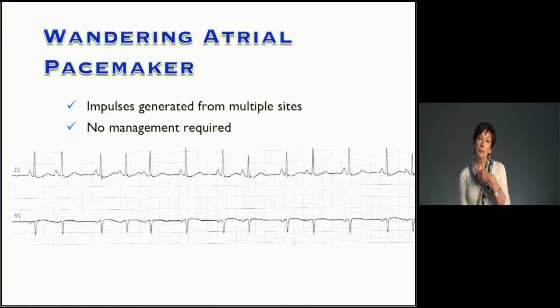And by looking at the P waves on the slide, I would say it would have to be multifocal atrial tachycardia. Okay, so there's one P wave, there's another different one, and there's a third P wave. So if this were faster than 100, it would definitely be a multifocal atrial tach.